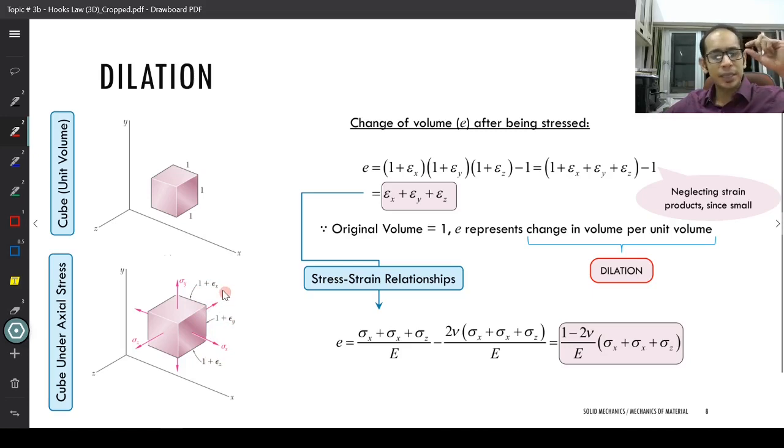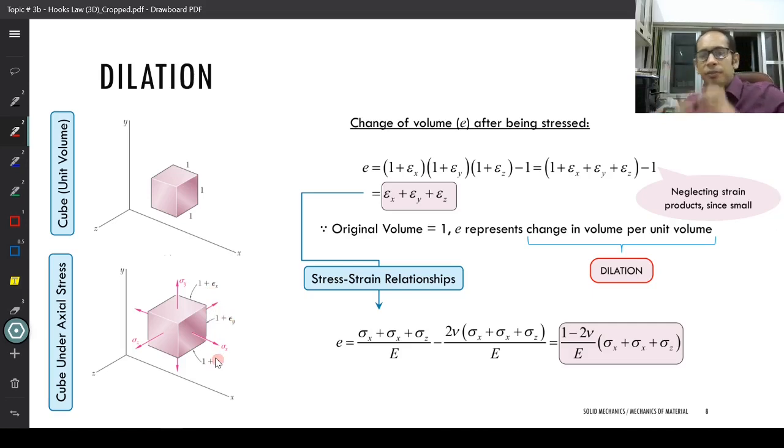Let's look at one particular direction. The change in length about x divided by the original length, delta x divided by 1, equals epsilon x. So I can simply write delta x equals epsilon x. That's why I can write the final lengths as 1 plus epsilon x, 1 plus epsilon y, and 1 plus epsilon z. So what is my change in volume?